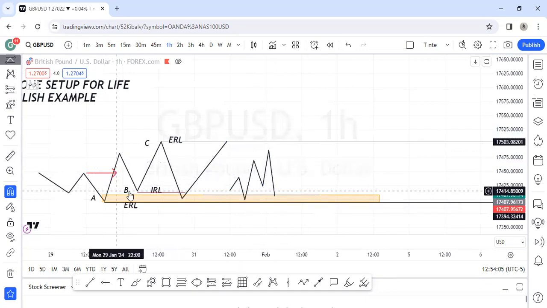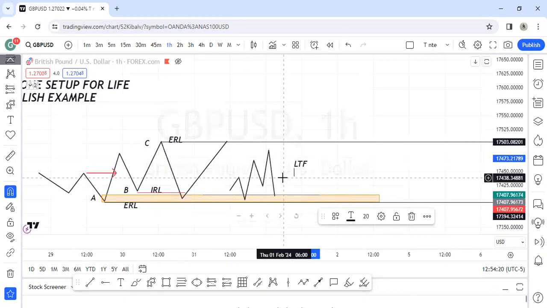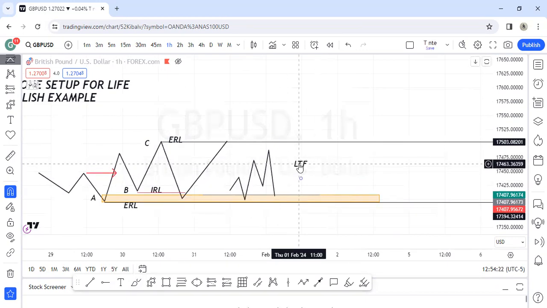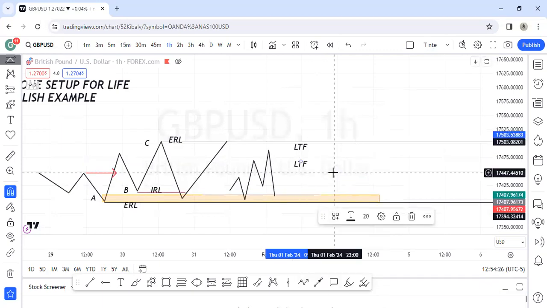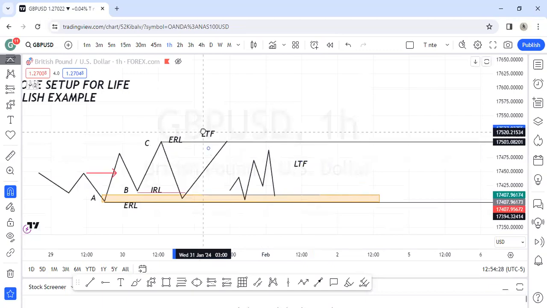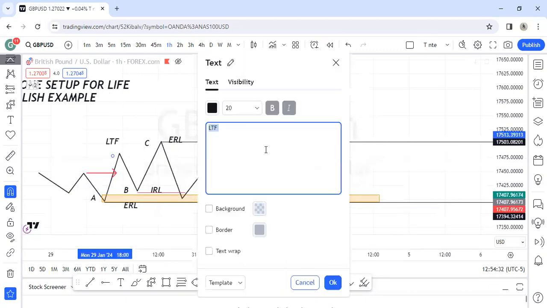This is your higher time frame. Let me just put it at the side. I want you guys to get this once and for all. This is your higher time frame, and this is your lower time frame. The same thing on the left side, the same on the right.